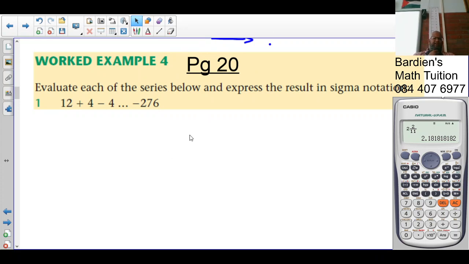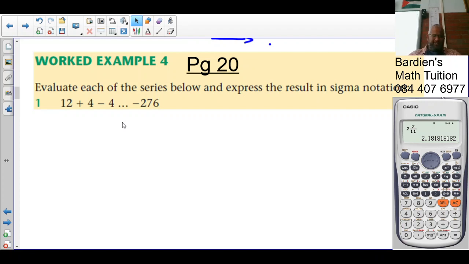So the question says evaluate each of the series below and express the result as sigma notation. They could have said instead of evaluate, they could have said calculate, or they could have said determine the value of the series or whatever.